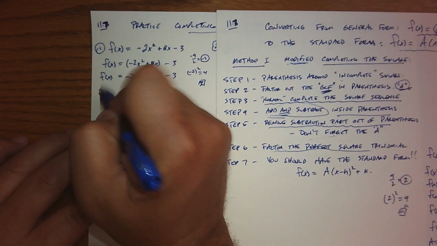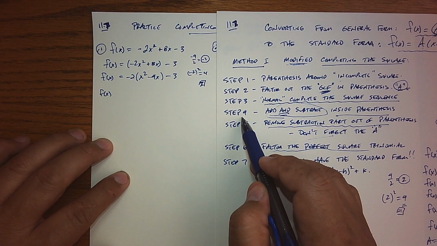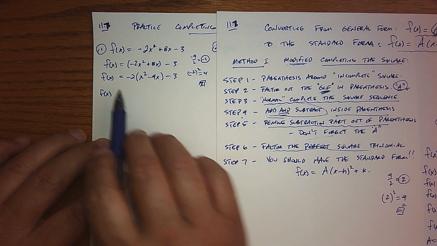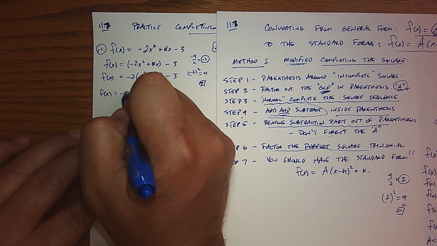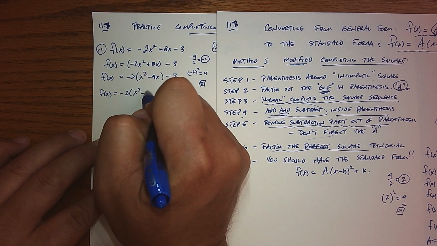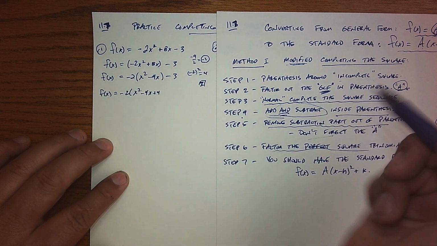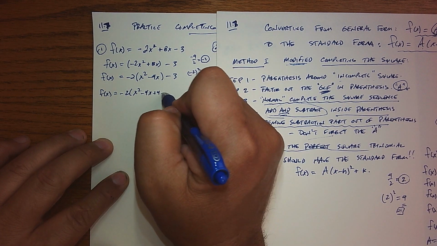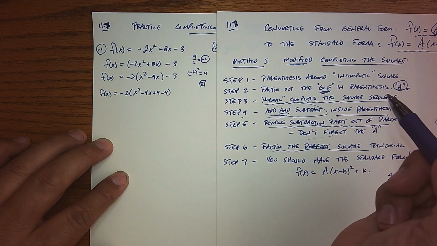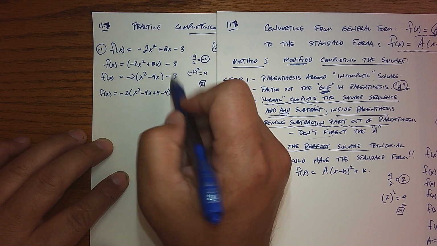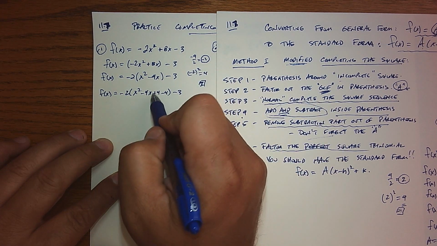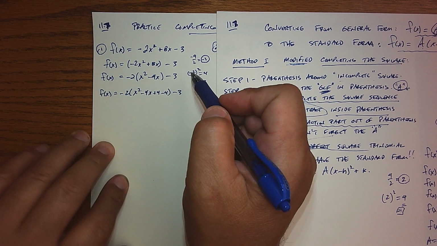So here's step 4, right? Rather than adding 4 to both sides of the equation, because that crazy looking f of x, what we're going to do is add the 4 to complete the square, but then to balance myself off, I'm going to immediately subtract 4, because 4 take away 4 is 0. Alright, and so this expression is equivalent to that.